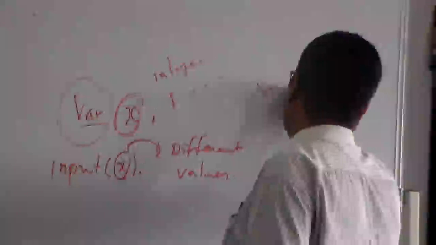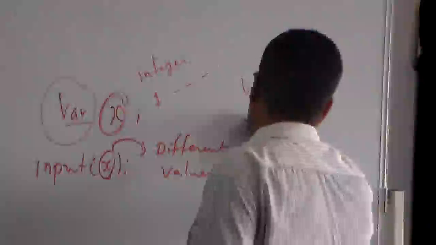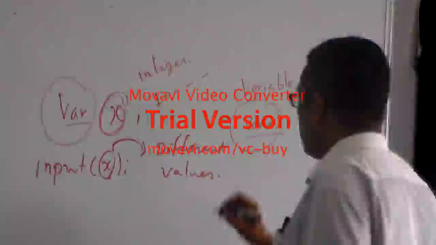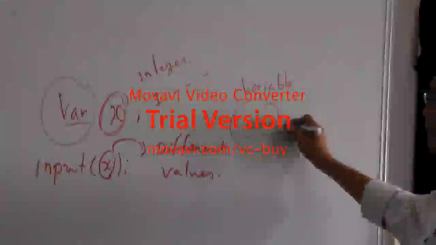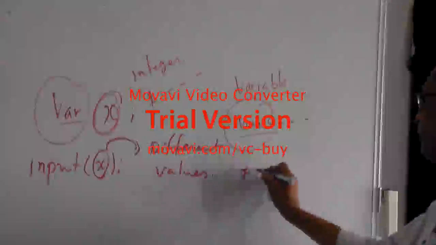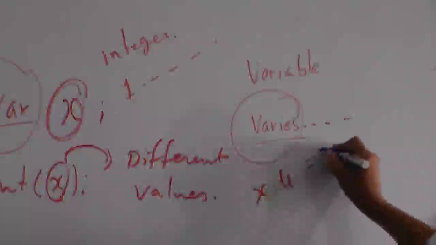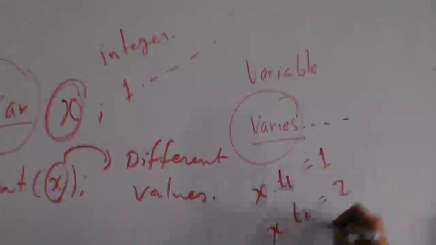Variable. The verb is varies. Varies means is different from time to time. For example, x in time t1 is, for example, 1. X in time t2 is 2.